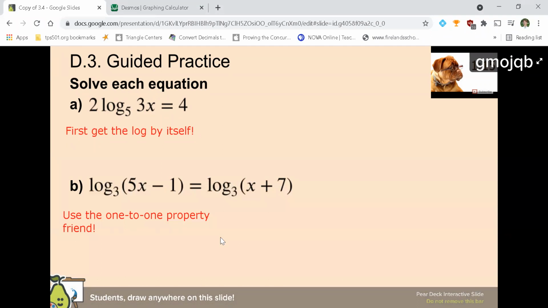You want to get the logarithm by itself, so you want to get rid of the 2. How would you do that? So log base 5 with 2x will equal. No, no, no. You don't want to do that. All right, log base 5 of 3x equals.